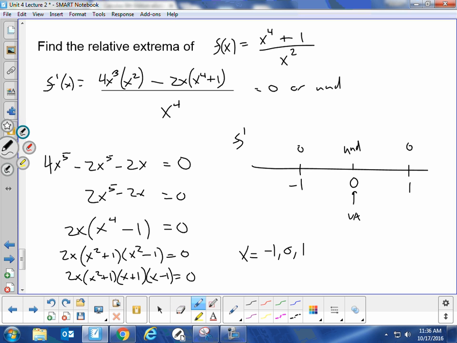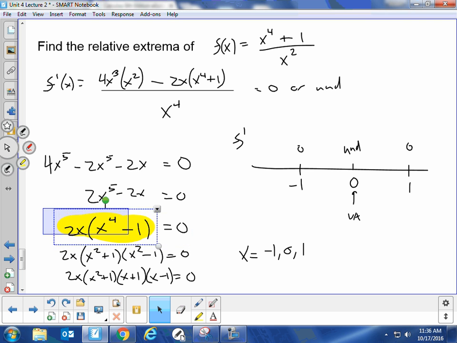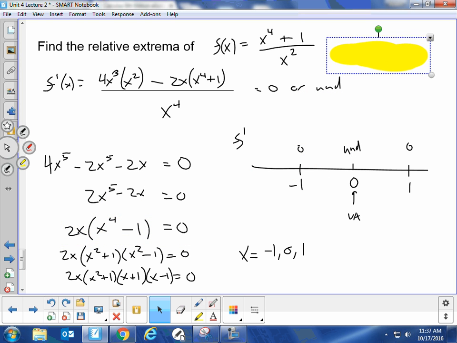Now, I'm going to use this guy here over x to the fourth as my simplified derivative.